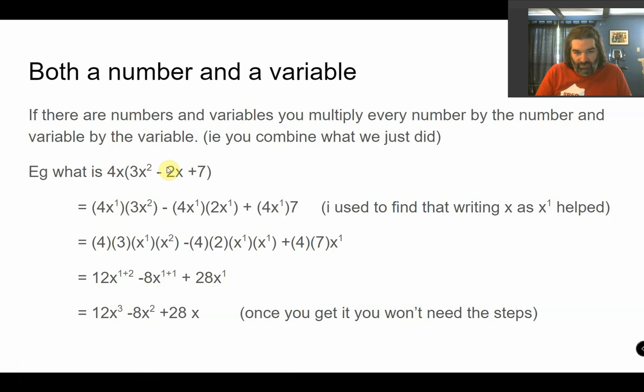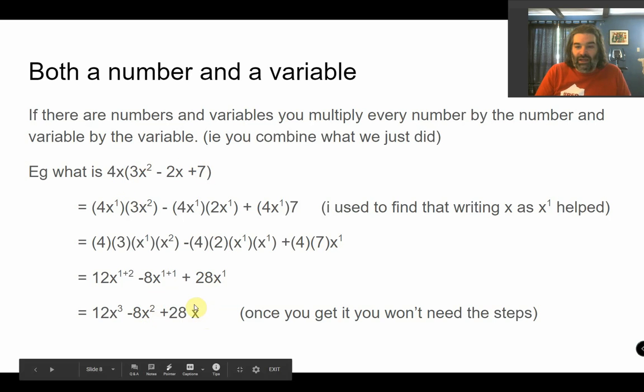Well, 4 times minus 2 is minus 8. X times x is x to the 1 plus x to the 1, which is just x squared. 4 times 7 is 28. X times nothing just gives me an x. Don't forget that you still need the x, okay?